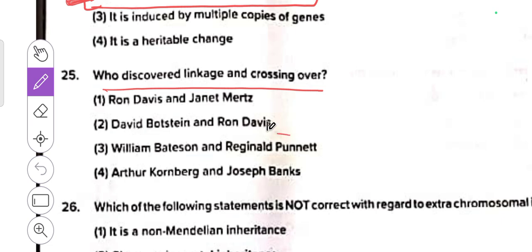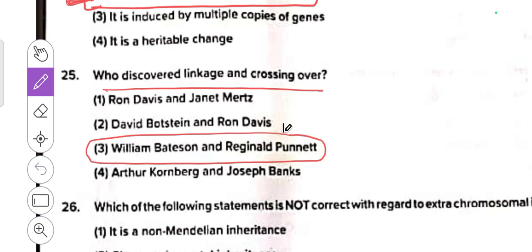These two scientists together co-discovered this gene linkage process, and they did their work in sweet peas and poultry. Through their discovery they explained that there is a partial coupling in an organism's body, and they named it linkage. So 3 is the right answer for this question.